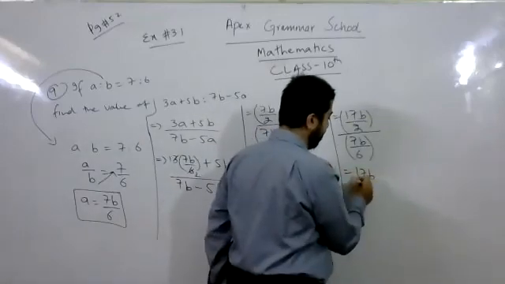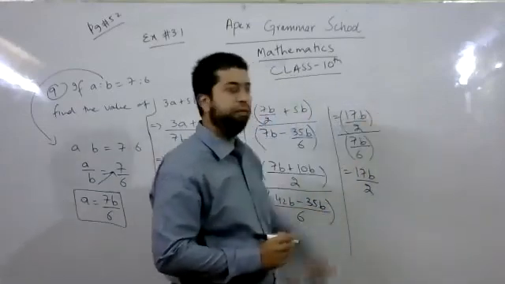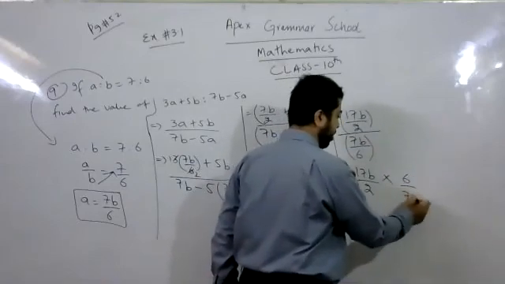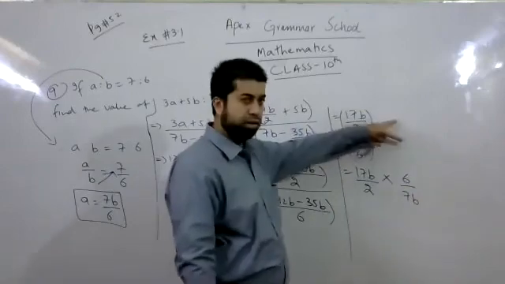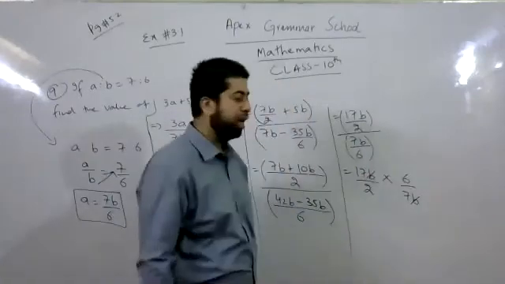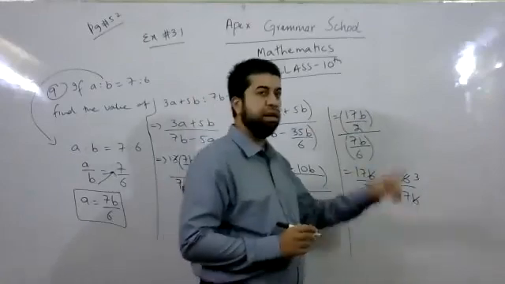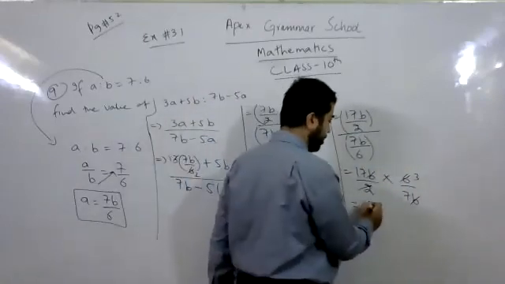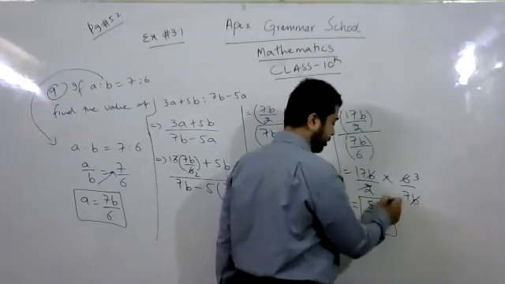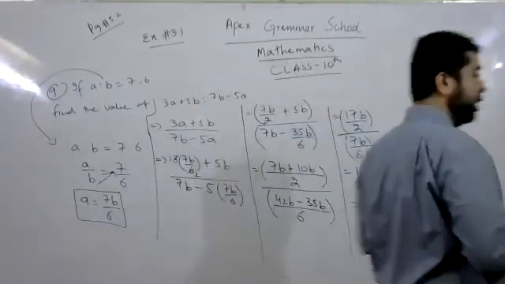You can write it as 17B divided by 2, and this 6 will be inverted here. After the multiply sign, 6 will be there and 7B also. Now easily solve it. B will cancel this B, and 2 1s are 2 and 2 3s are 6. So 17 multiplied by 3, the answer is 51, and in the denominator that is 7. So this is the answer of question number 9.